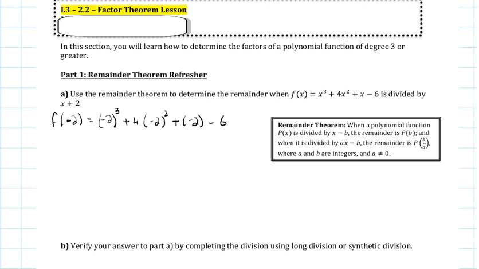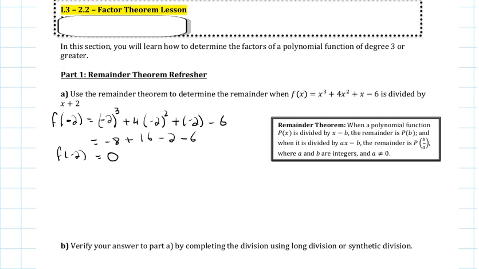So I plugged in -2 for x, and I'm getting -8 plus 16 minus 2, take away 6, and that's going to give me f at -2 is equal to -8 minus 6. So minus 2, that's -16, plus 16, that's a 0.